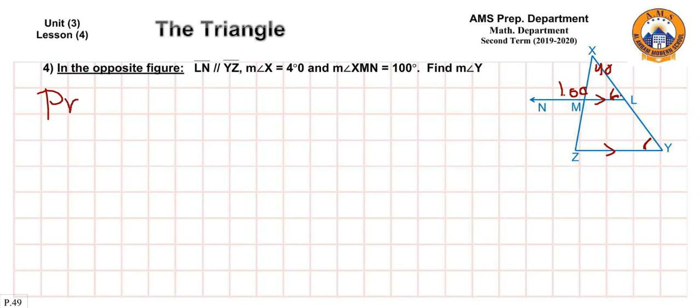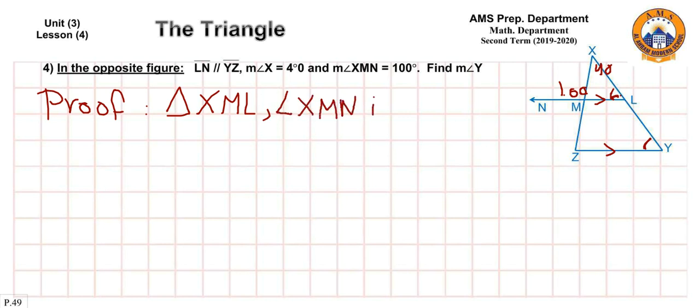So, let's write our proof. We will start by the exterior angle. Our triangle is the triangle XML and angle XMN is an exterior angle.